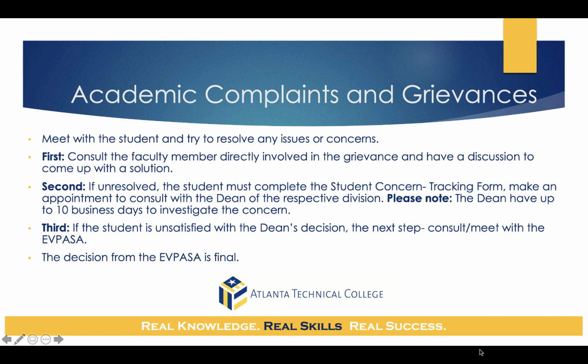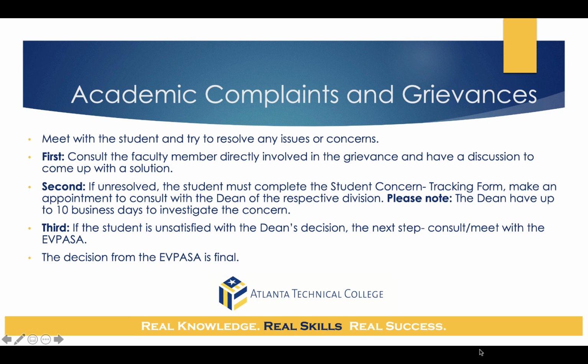So here again is just an outline. You meet with the student and try to resolve any issues or concerns. Listen to the student, hear what it is, try not to be defensive, listen to what it is that they're saying. You can even ask the student to consult directly with another faculty member to try to come up with a solution. If it's unresolved, the student can complete a concern tracking form or send an email to the dean of the respective division.